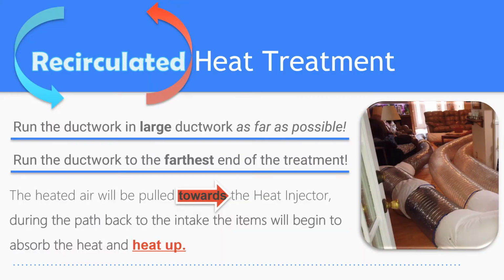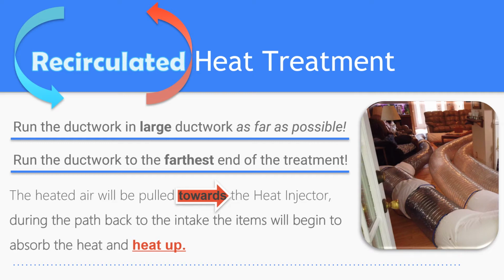The second important decision you have to make when performing a heat treatment with a heat injector system is how to place your flexible ductwork. The goal is to move as much heat into the space as possible, and we do that by using as large of a duct as possible. You could use the DD316 off the machine that moves three 16-inch ducts and then expand those to be 50 feet or 75 feet.